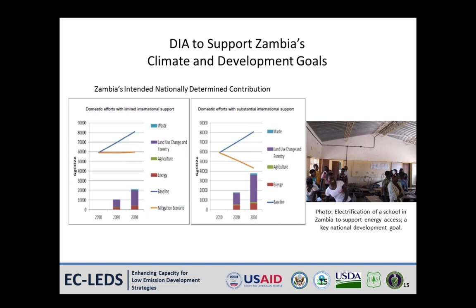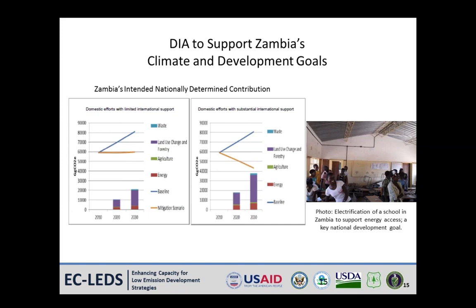What you're going to see in the coming slides is the application of the DIA 2 process in the development of the Zambia intended nationally determined contribution, which we submitted to the United Nations Framework Convention on Climate Change in September last year.